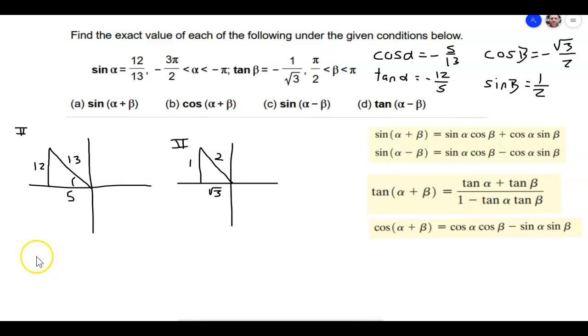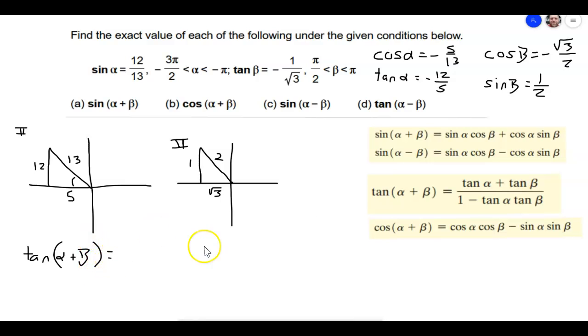So the tangent of a plus b, so of alpha plus beta.